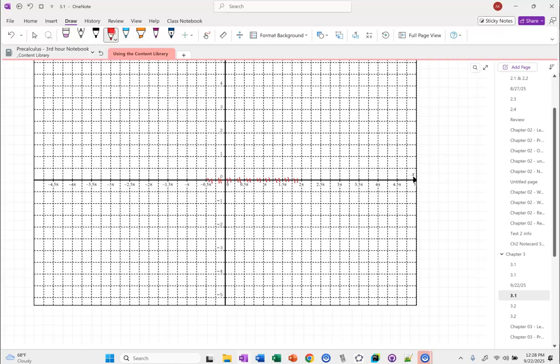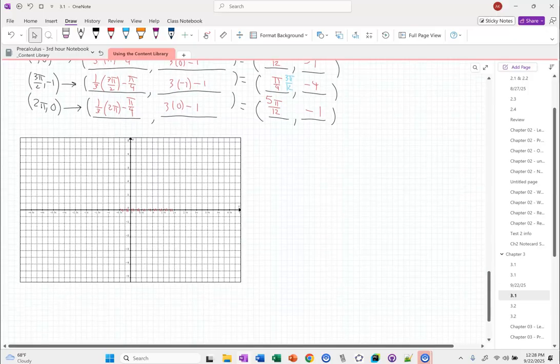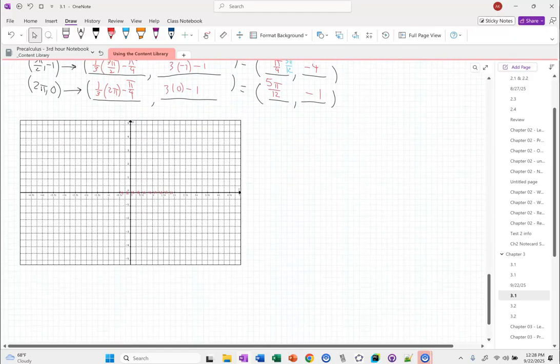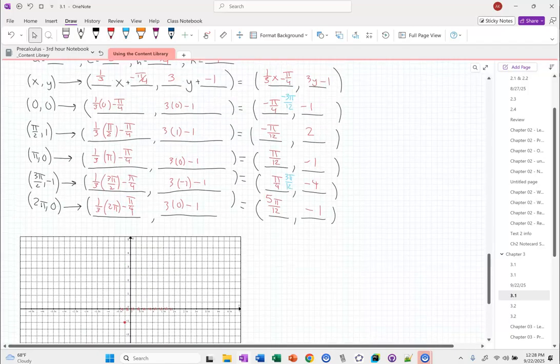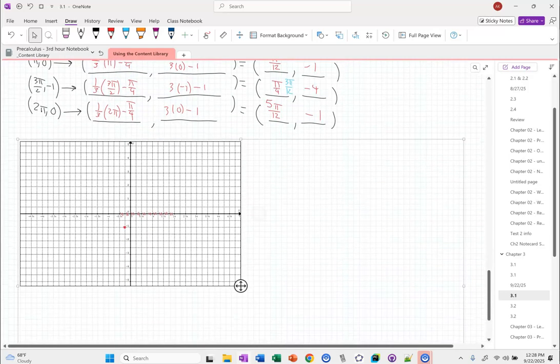What was it? Now I forget. Yeah, negative 3 pi over 12, and then negative 1 pi over 12, 2.